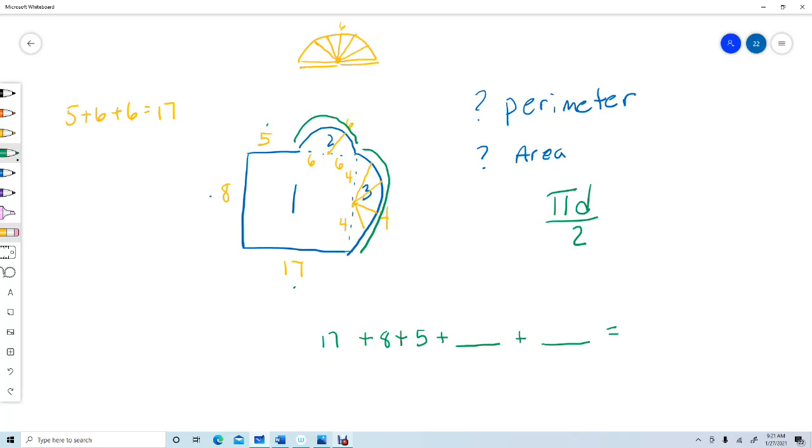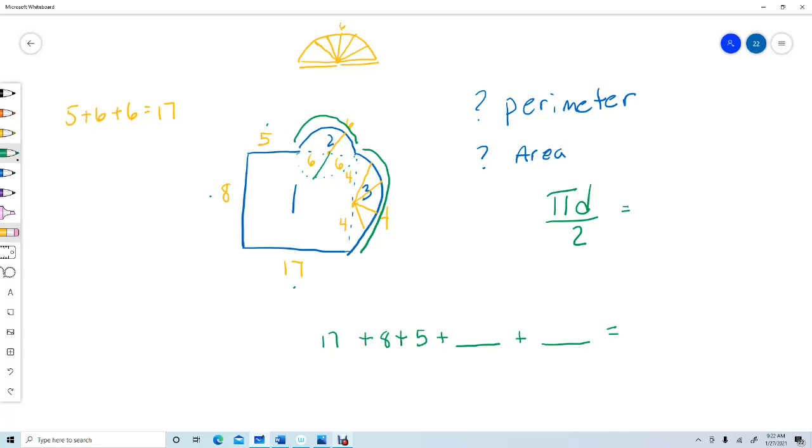Well, if you imagined this to be a full circle, the diameter would be this radius of 6, you would just double that. Okay, so you're imagining that semicircle to be a full circle, and then you're going to calculate that circumference and divide it by 2.